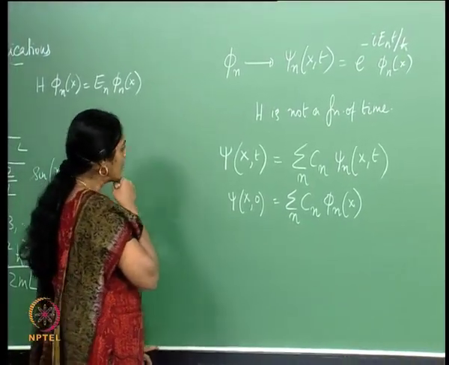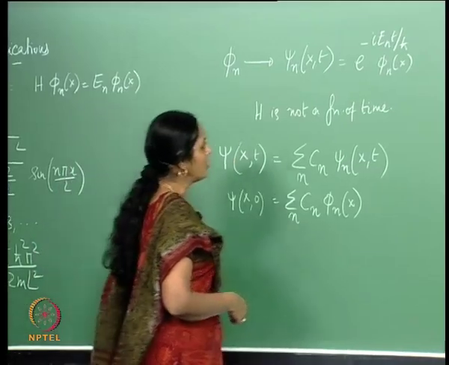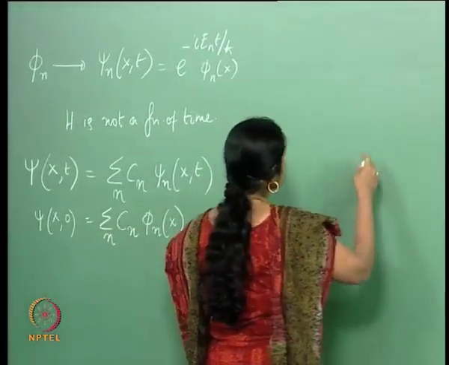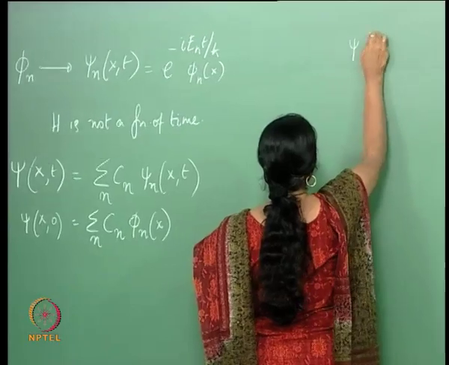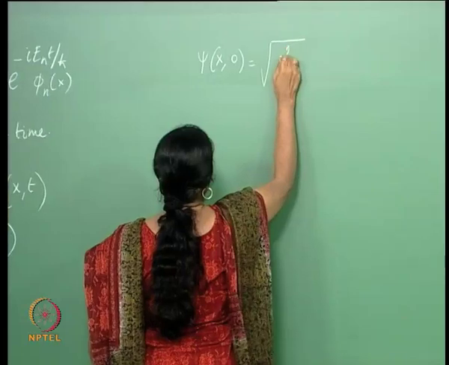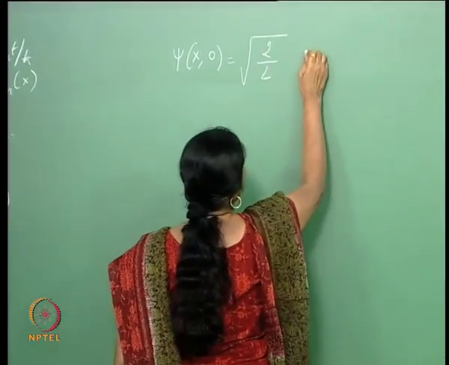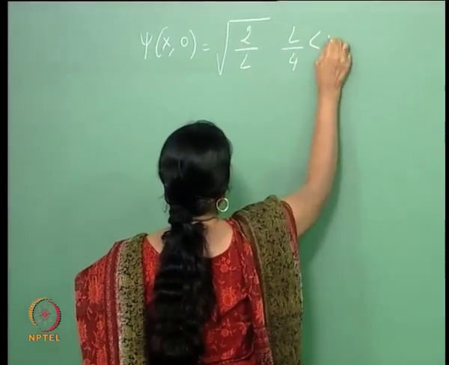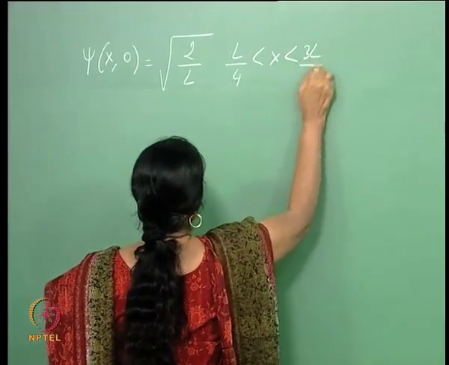So, the simplest example that we can think of is this: psi of x 0 is root of 2 by L for L by 4 less than x less than 3 L by 4.